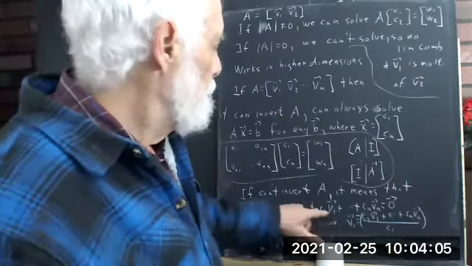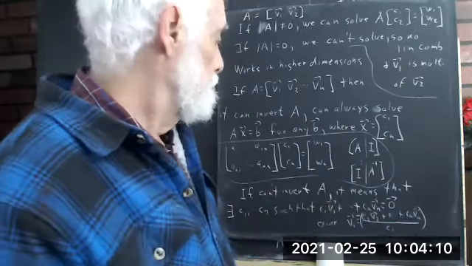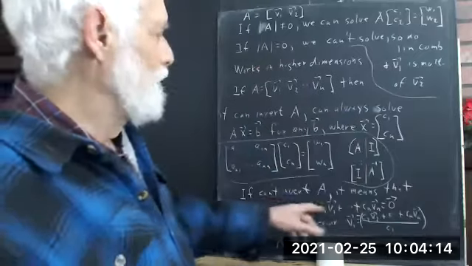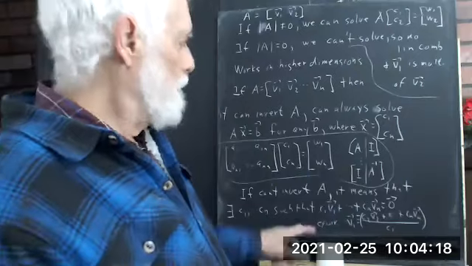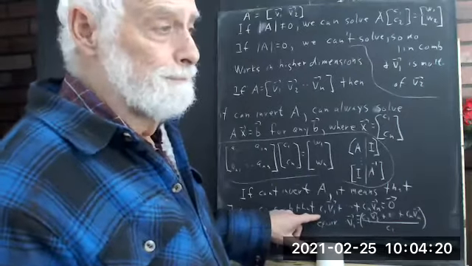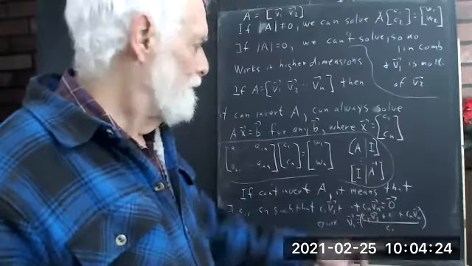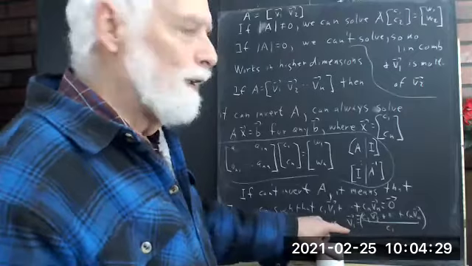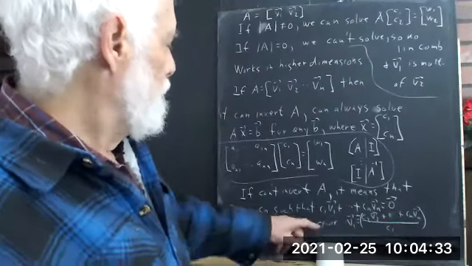Put all these other vectors on the other side, divide through by C1. Now there are a couple of caveats: the C1 through Cn can't all be zero, but it could be that C1 is zero. If C1 is zero, then pick one of the vectors that has a coefficient that isn't zero and solve for that vector, and that'll work.